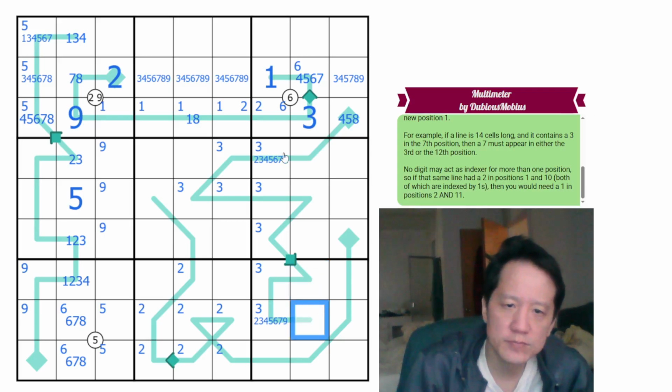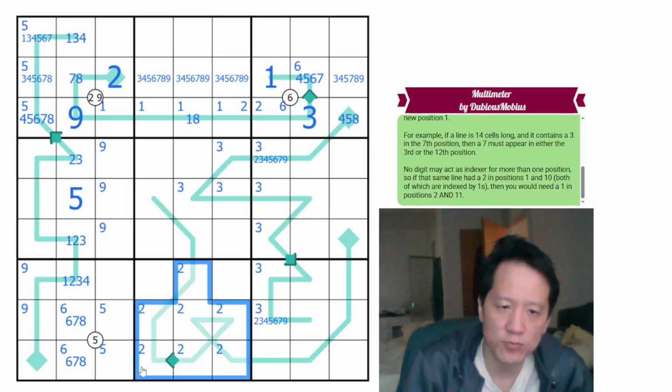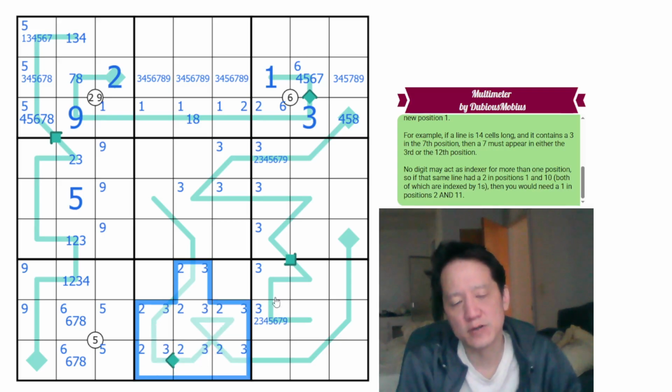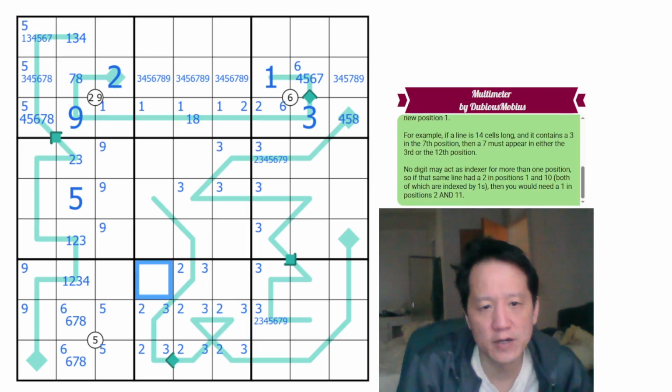Okay. So one of these is a 3. One of these is a 3. So one of these is a 3. This cannot be a 3. So there also has to be a 3 in one of these cells. Okay, well that doesn't tell us very much either.